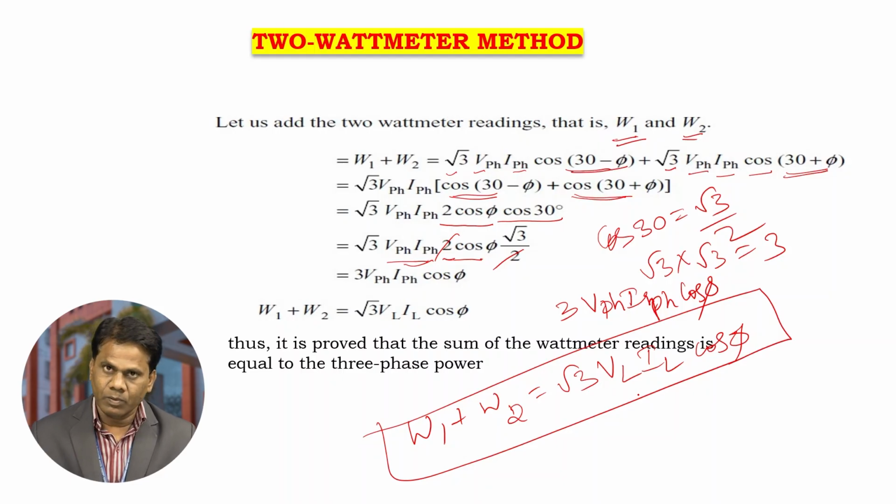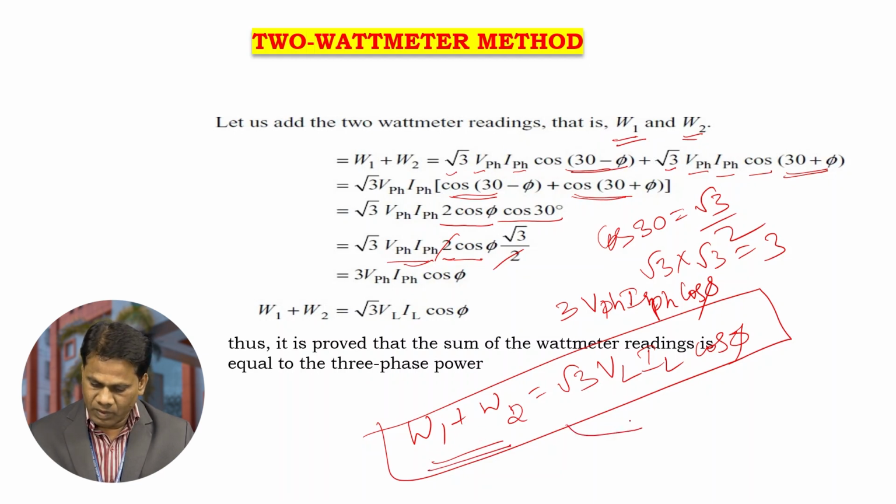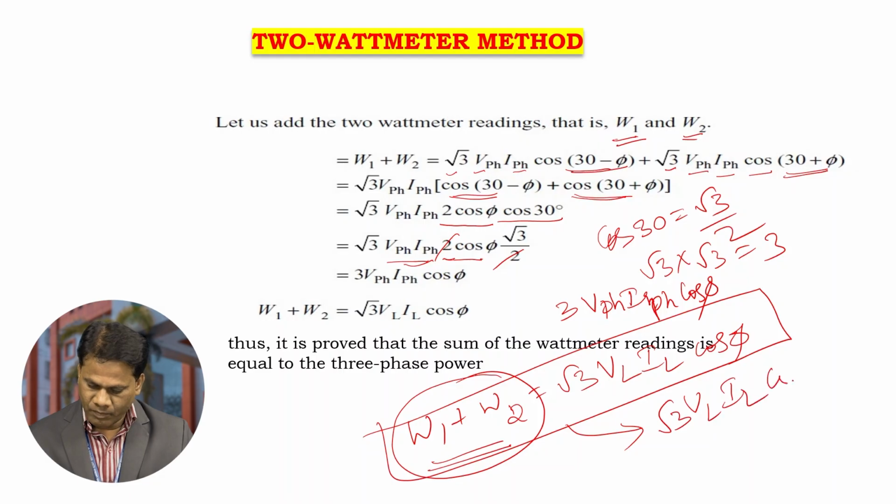So it is proved that the sum of the wattmeter readings is equal to the 3-phase power. The sum of the two wattmeter readings is the power in a 3-phase circuit, that is root 3 VL IL cos phi in terms of line voltages.